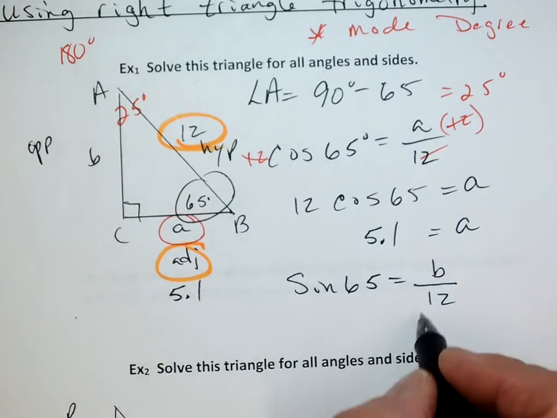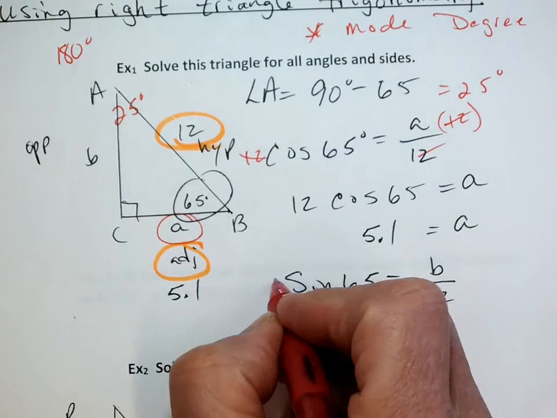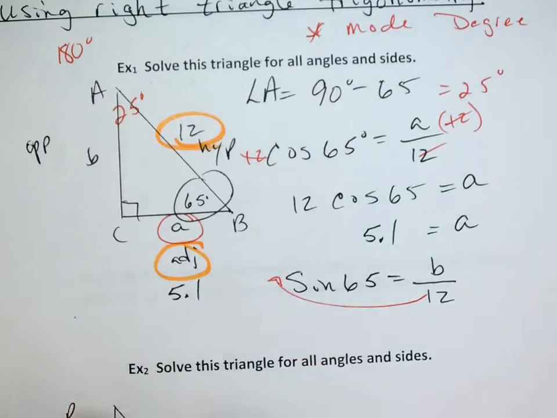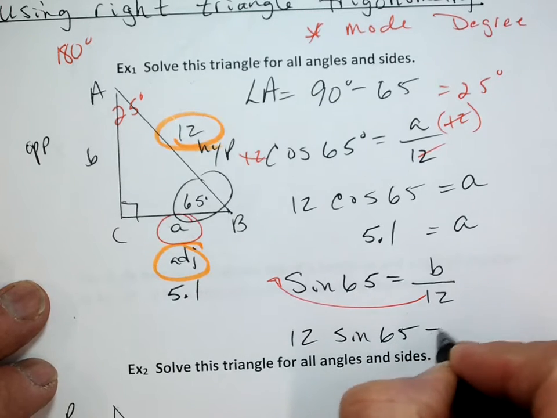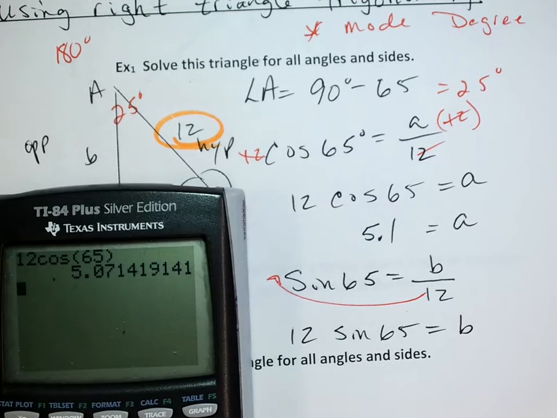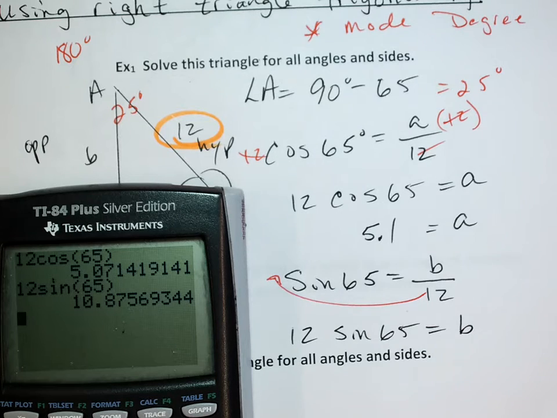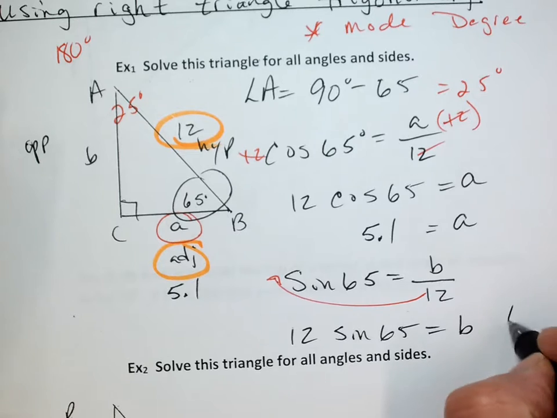Multiply by 12, and we have 12 sine of 65 equals b. On my calculator, I get about 10.87, rounded to 10.9. If you'd used Pythagoras' theorem, you would have gotten the same thing, 10.9.